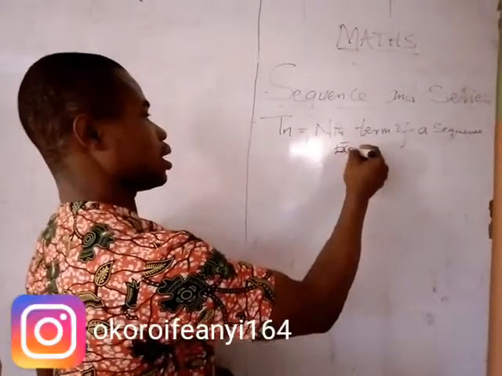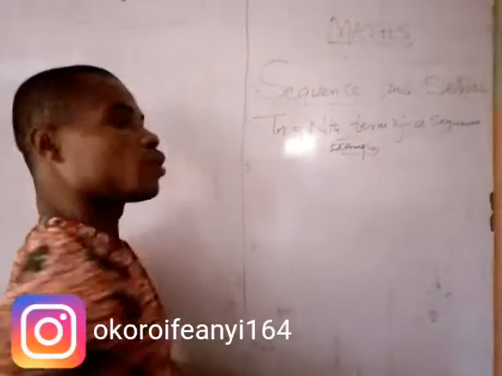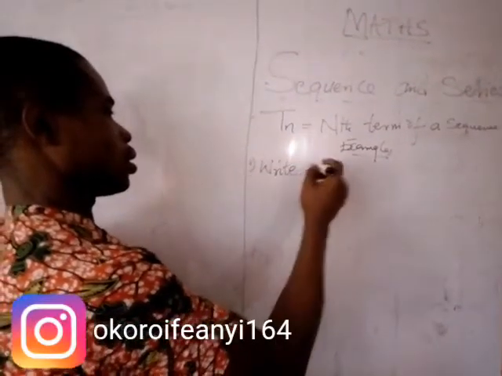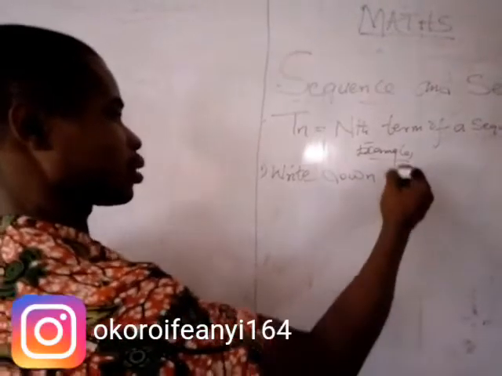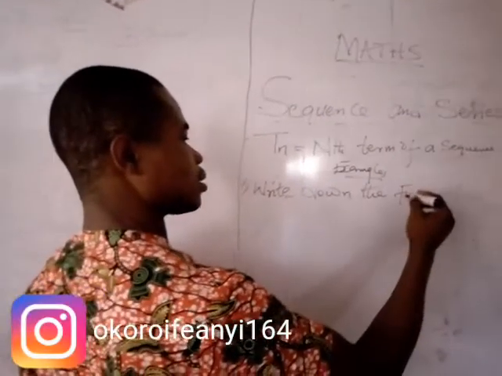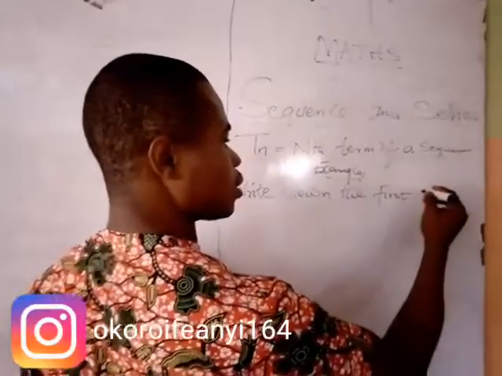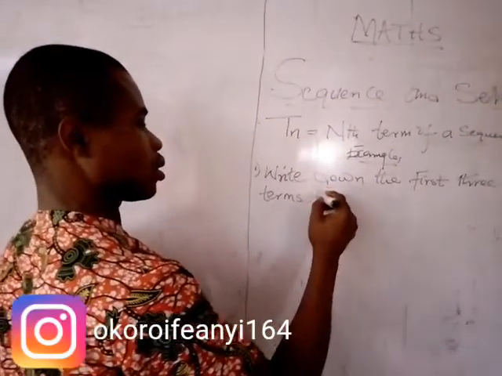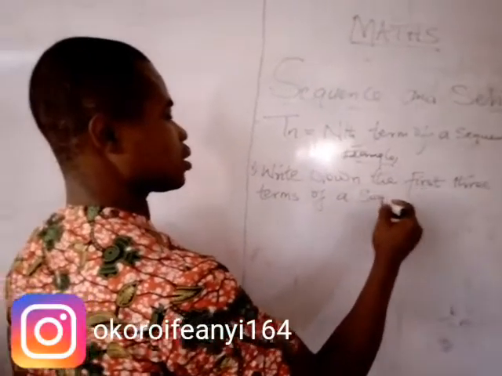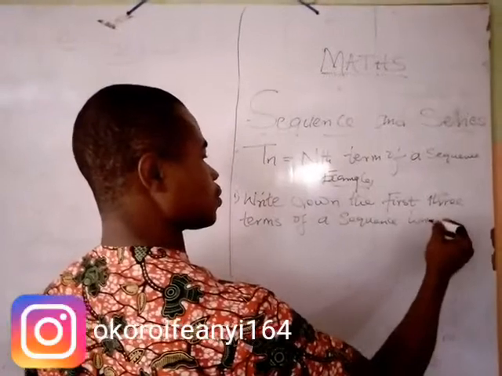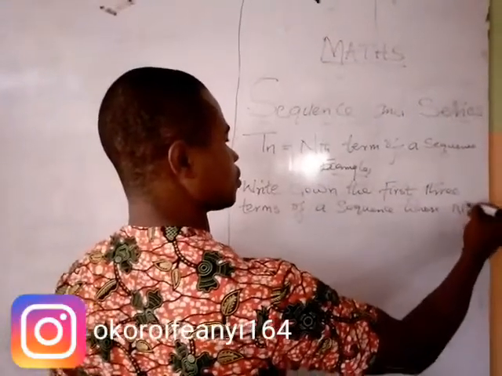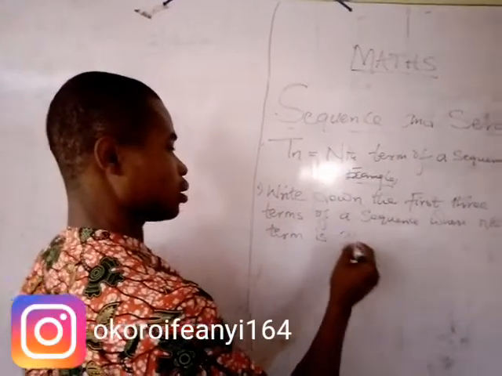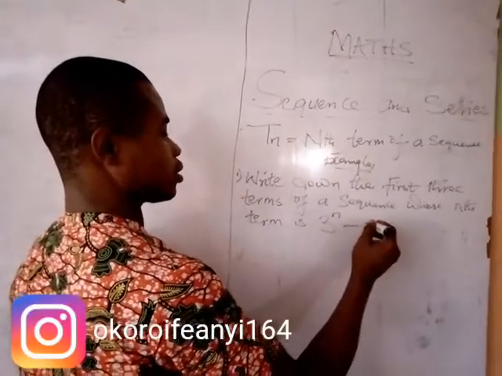Example 1: Write down the first three terms of a sequence whose nth term is 3 raised to power n minus 2.